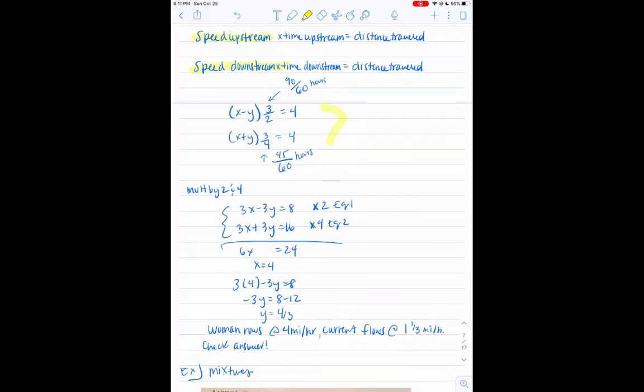Okay, so now I'm going to go ahead and multiply the first equation by 2. So I get 6x minus 6y equals 16. And then I'm going to multiply the second equation by 4.